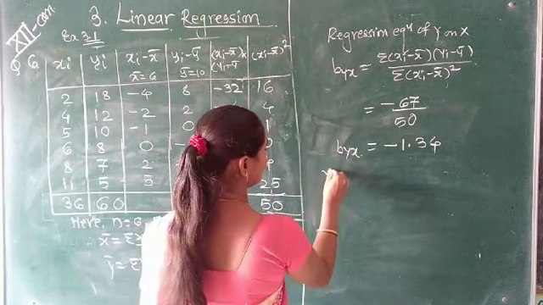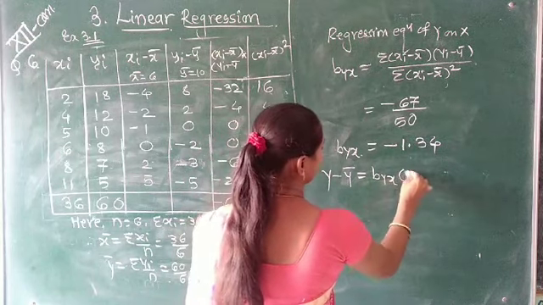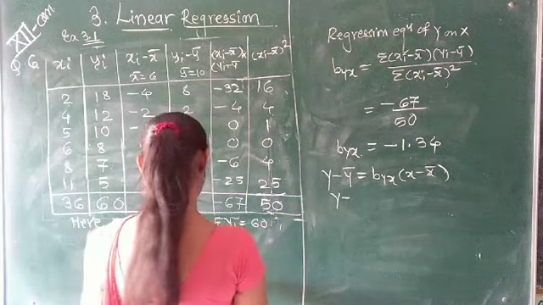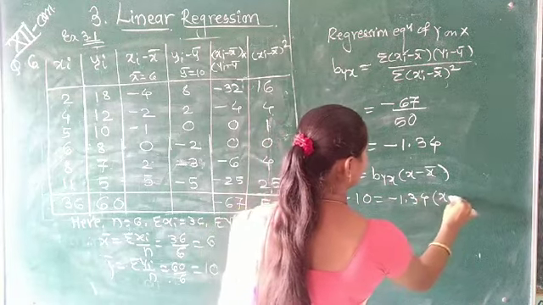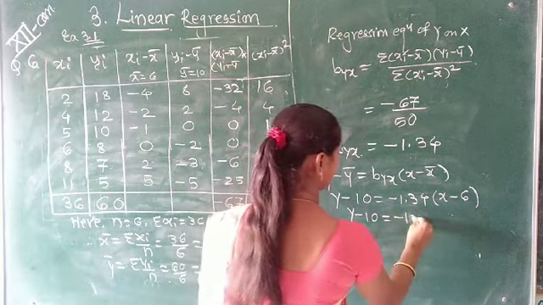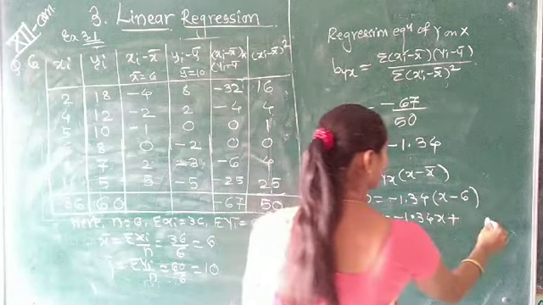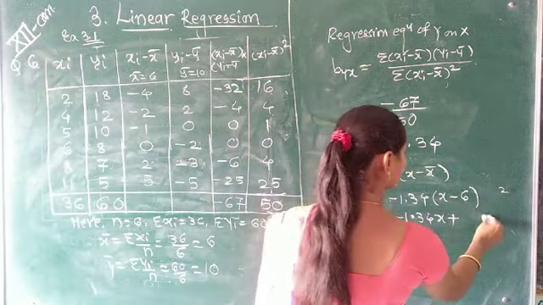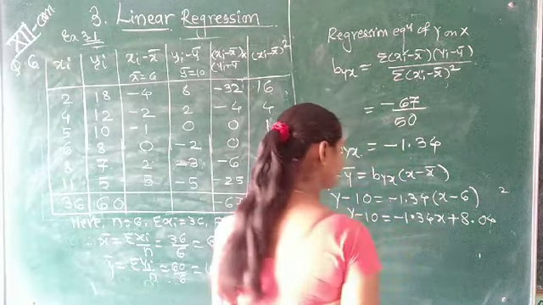So the regression equation is y minus y bar is equal to byx into x minus x bar. Y minus y bar, where the value of y bar is 10, is equal to minus 1.34 into x minus x bar, which is 6. So y minus 10 equals minus 1.34x, and minus times minus gives plus 6 times 1.34, which is 8.04.